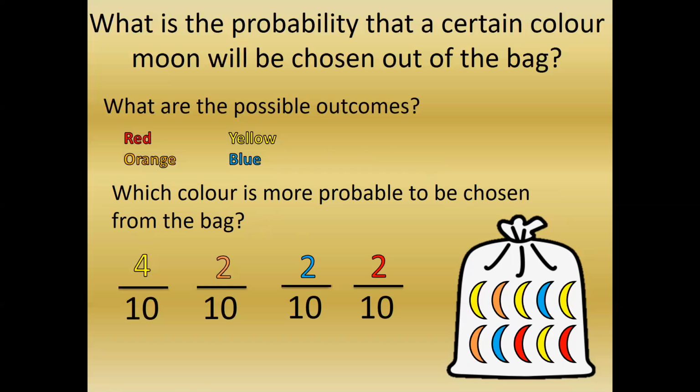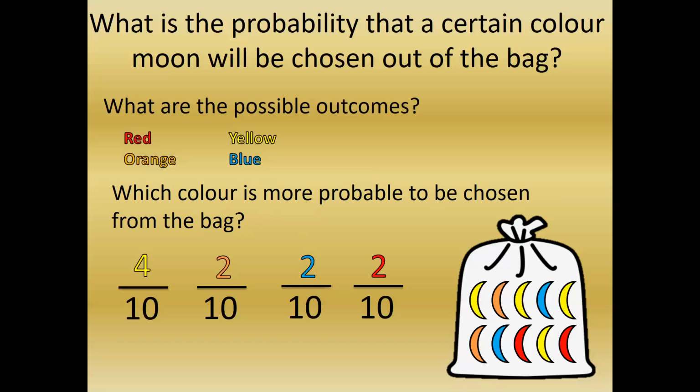Now we're going to look at which color is more probable. Remember, probable means likely. So which color is more probable to be chosen from the bag? Which one of these fractions is bigger? So which one's the biggest? 4 out of 10, 2 out of 10, 2 out of 10, or 2 out of 10.